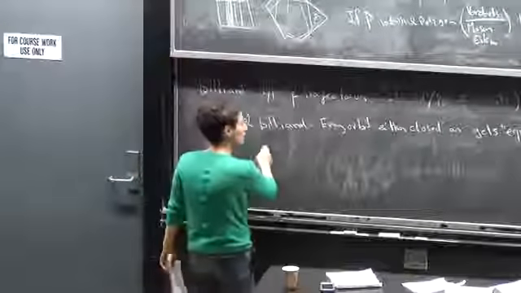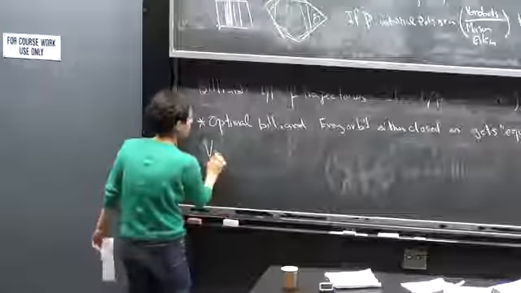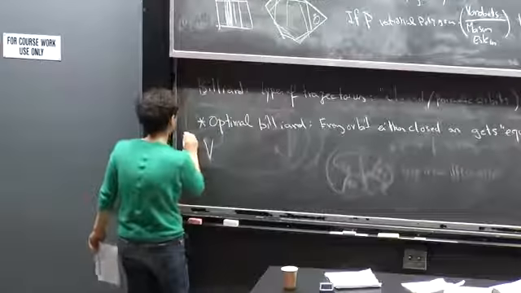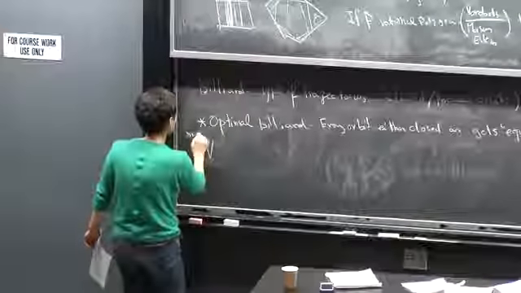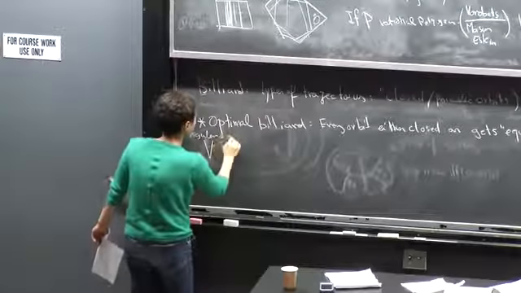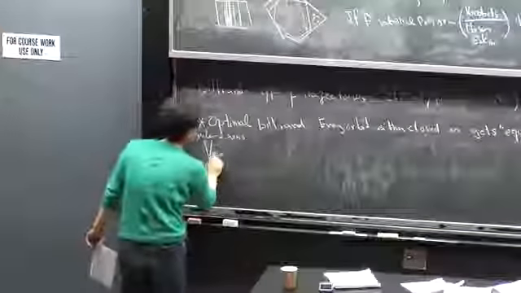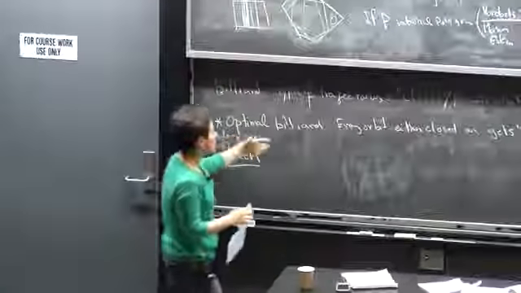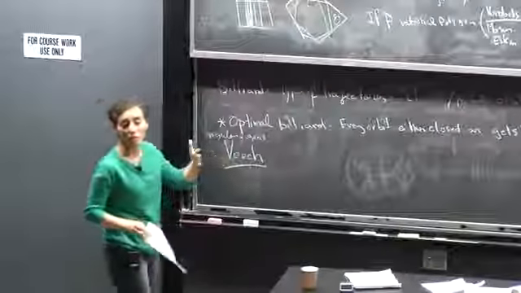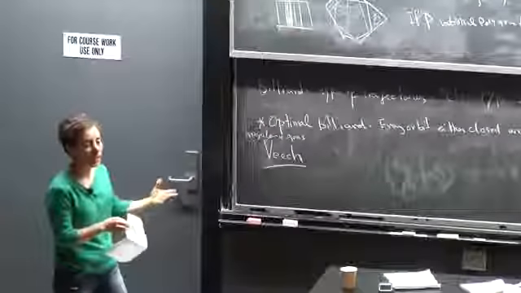There are examples of such n-gons, basically regular n-gons, which were discussed by Veech, who realized that these regular n-gons are optimal in this sense, and they are very nice.